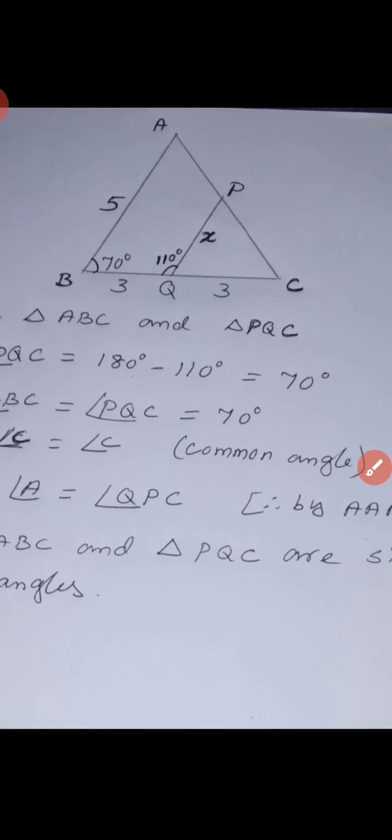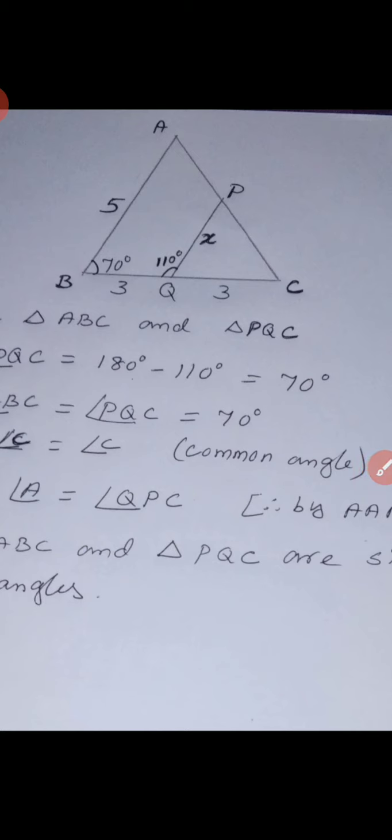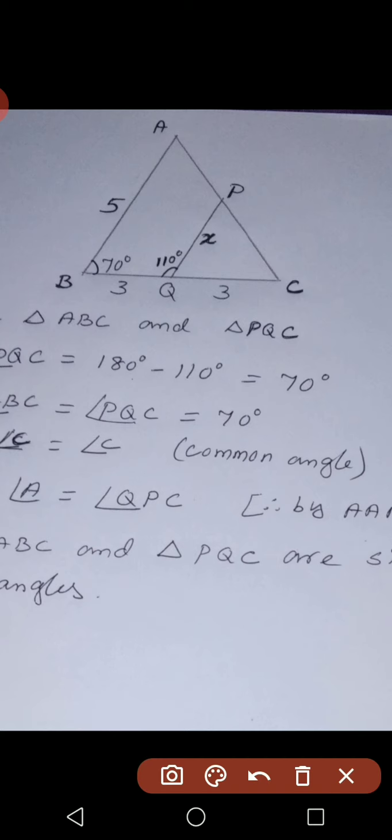Okay, now the second one. See the second diagram. Another triangle is given, ABC. One triangle is ABC, another one is PQC.